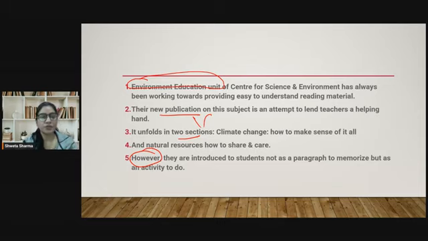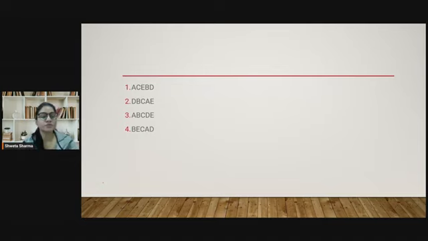Okay, let me show you the options. I hope this was clear. Please have a look at the options and tell me what's the correct answer.